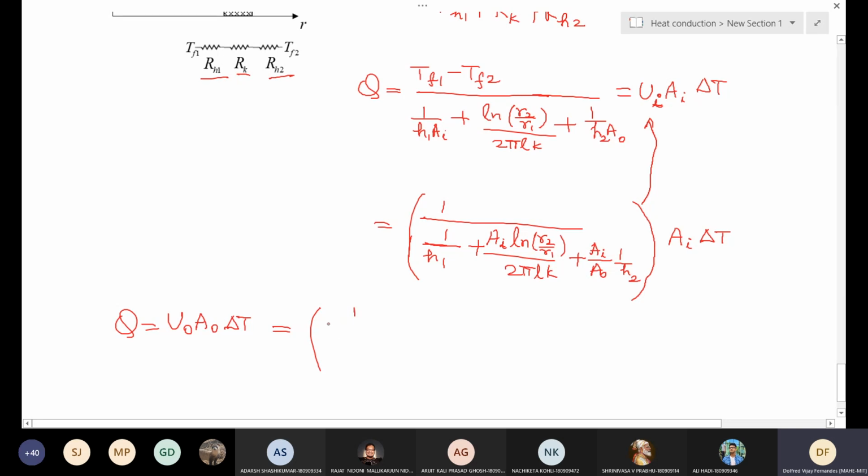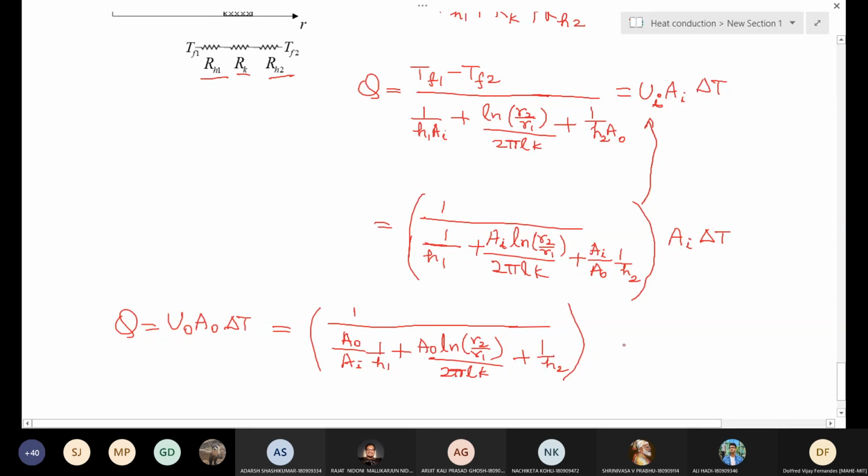U is nothing but 1 divided by A outer by A inner into 1 by h1, plus A outer into ln R2 by R1 divided by 2 pi L k, then 1 by h2.